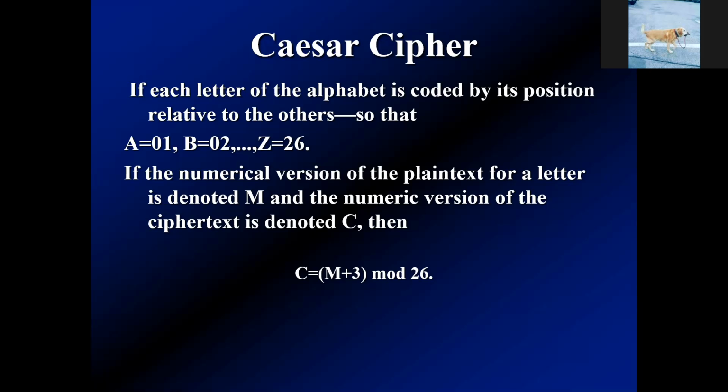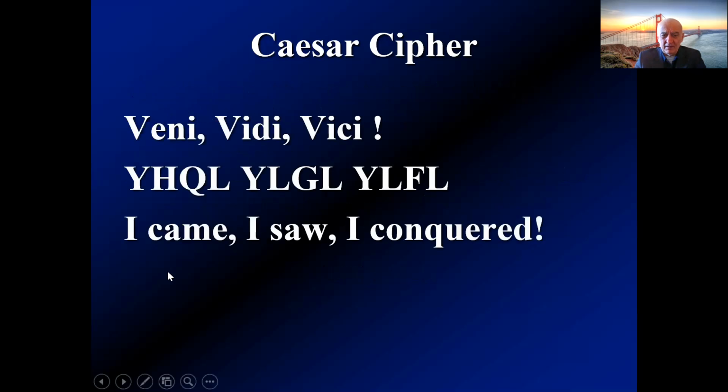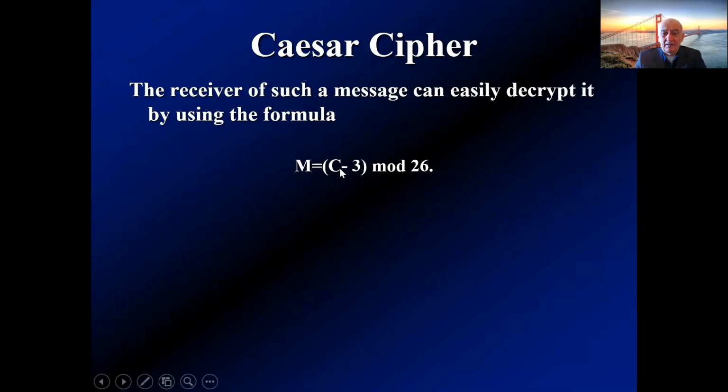Just change plus to minus, so minus 3. Oh, very good, very good. Andrew got it absolutely right. I agree. So if we have the cipher message C, we subtract 3 and then find the remainder by dividing by 26.